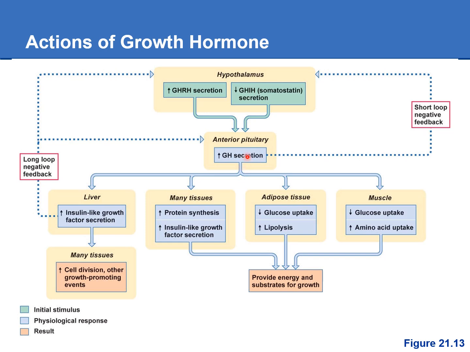And then growth hormone can go directly to the body tissues, or it can go to the liver. If it goes to the liver, it tells the liver to secrete the insulin-like growth factors, and then the insulin-like growth factors travel to the body cells and then tell them to grow or change their metabolism.